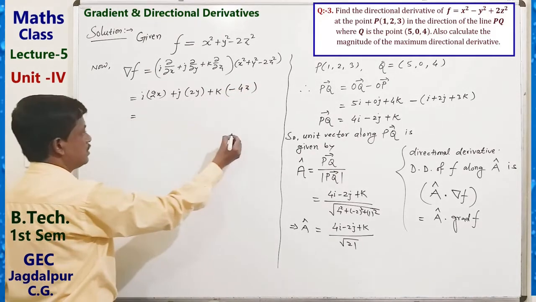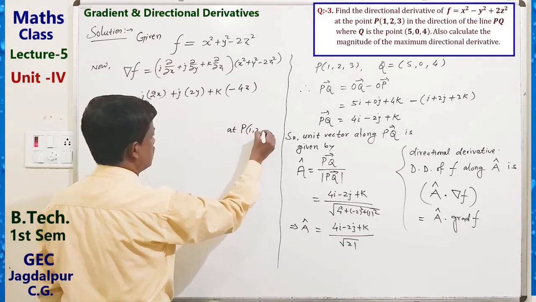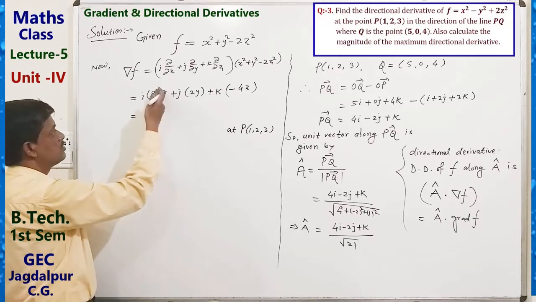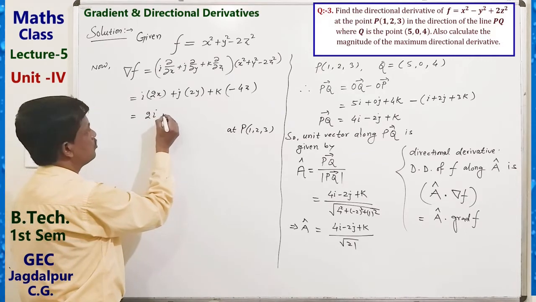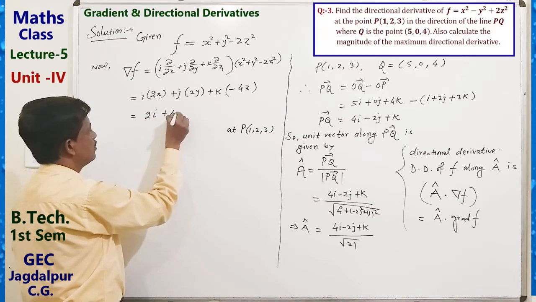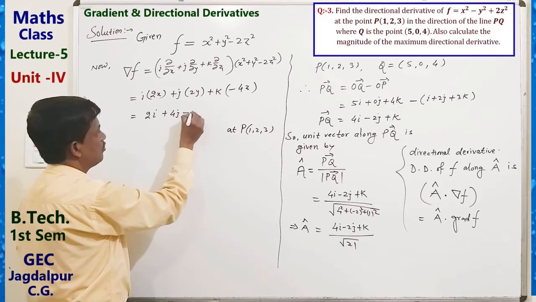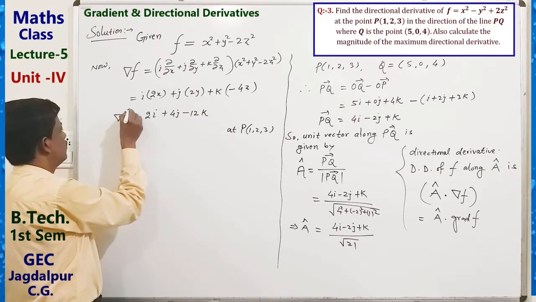So this is at P(1, 2, 3), where x equals 1, so 2i, y equals 2, 4j, and z equals 3, minus 12k. So this is del F.